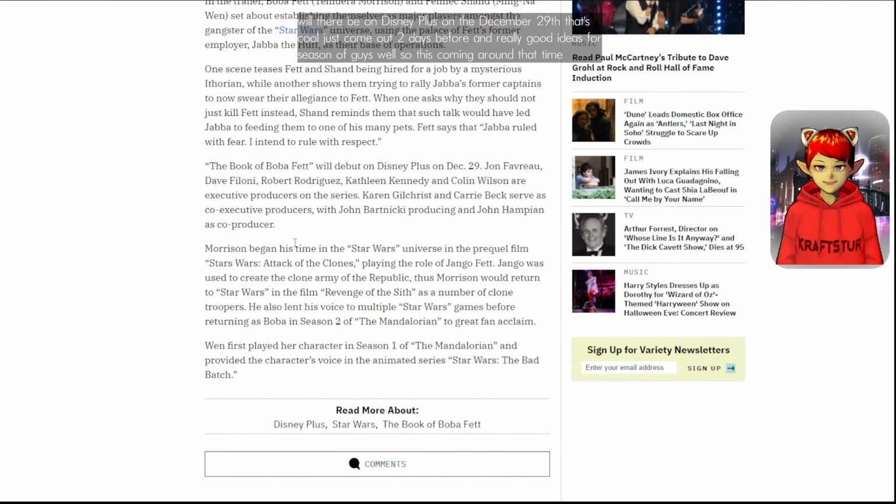So Jon Favreau, Dave Filoni, Robert Rodriguez, Kathleen... I don't care about Kathleen Kennedy. Colin Wilson, executive producer, blah, blah, blah. It doesn't matter. Jon Favreau and Dave Filoni, they're the ones doing this, so it's fine. When you see Kathleen Kennedy attached to any project, you're like, oh my god, what's she done?